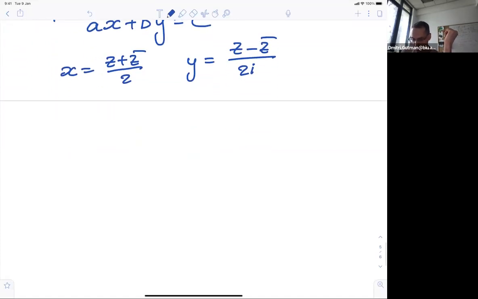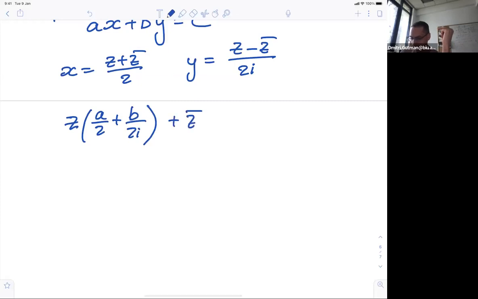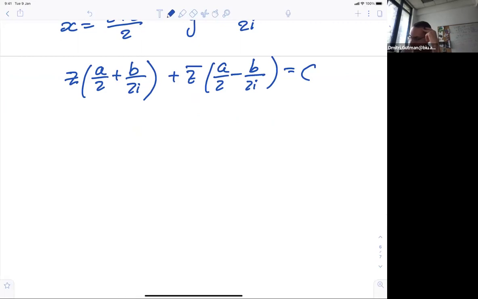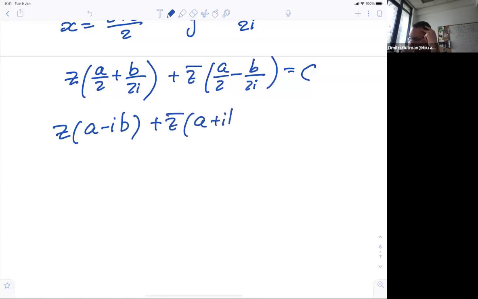Then this equation becomes z times (a over 2 plus b over 2i) plus z bar times (a over 2 minus b over 2i) is equal to c, which we can also write as z times (a minus ib) plus z bar times (a plus ib) equal to 2c. This is an equation of a straight line on the complex plane.